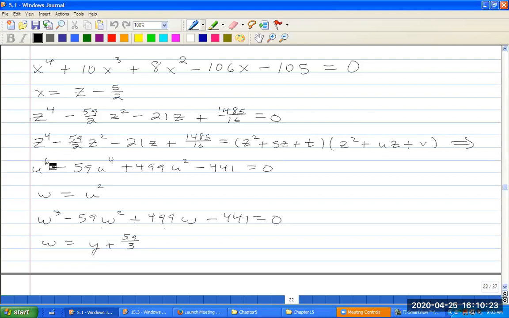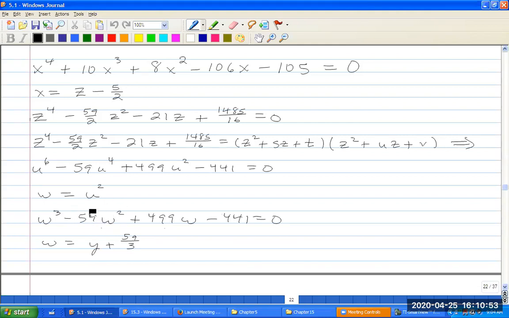So I see that this will be cubic in u squared. So if I let w equal u squared, I get w cubed minus 59w squared plus 99w minus 441 equals 0. Again, let's try to get rid of this w squared term.